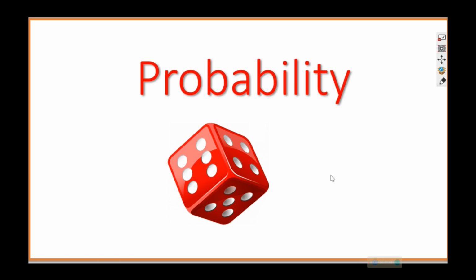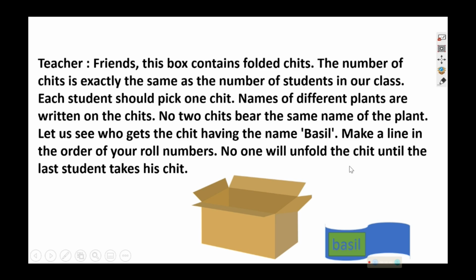The story given at the beginning of the lesson, where the teacher said to the students, friends, this box contains folded chits. The number of chits is exactly equal to the number of students in our class. And each student should pick up one chit.